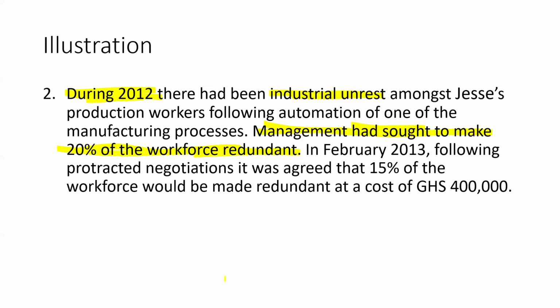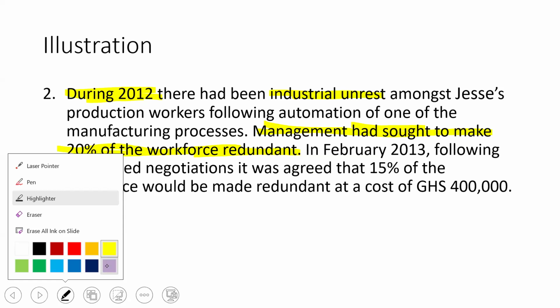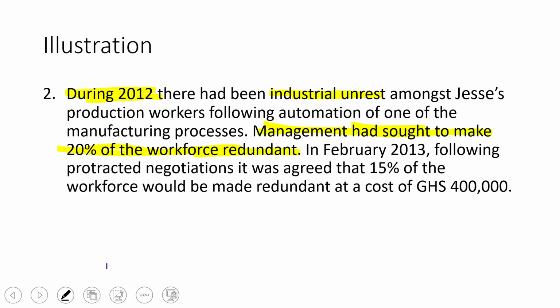In February 2013, following protracted negotiations, it was agreed. So it means that negotiations started way back. We are even told that management had sought to make 20% of the workforce redundant, so they started this negotiation in 2012. In February 2013, it was agreed that 15% of the workforce would be made redundant at a cost of 400,000.